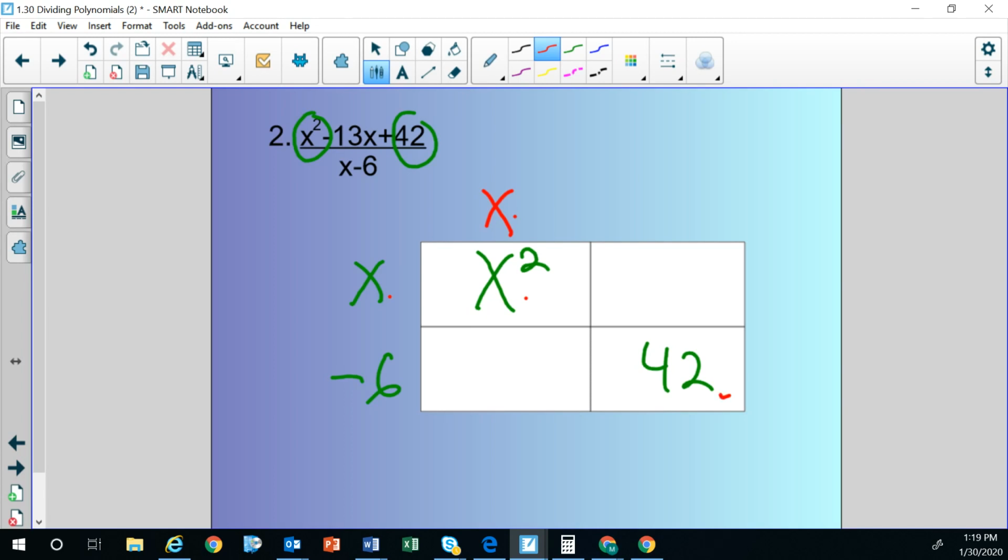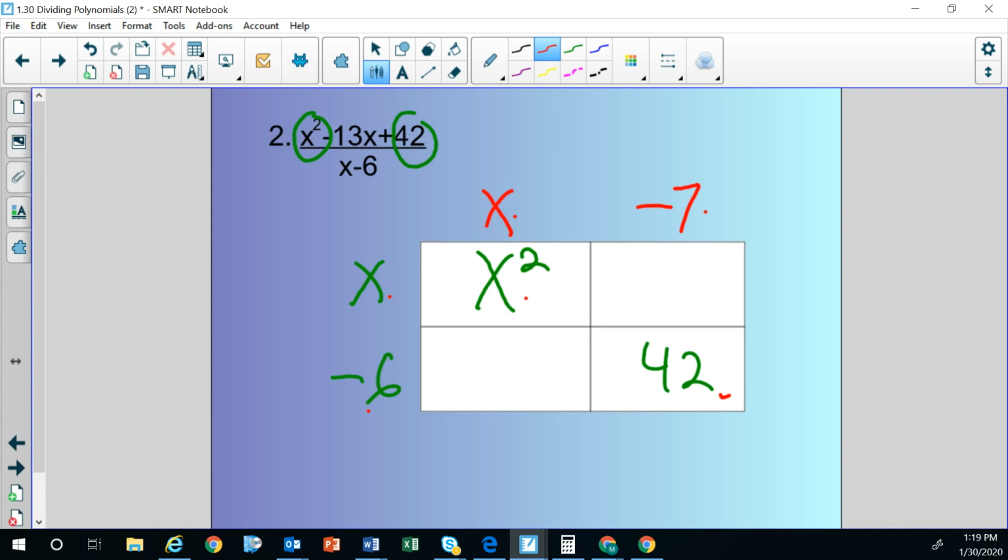What number, when multiplied by negative 6, gives me a positive 42? Think about it. What number, when multiplied by a negative 6, gives me a positive 42? That number is negative 7. All right? Because negative 7 times negative 6 gives me 42.